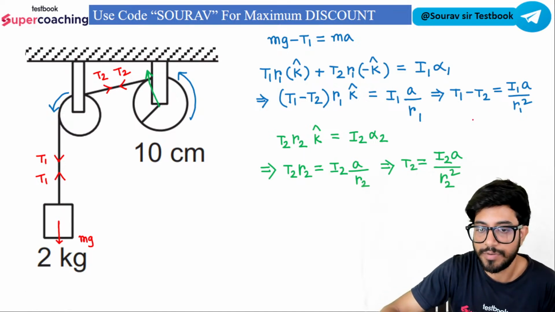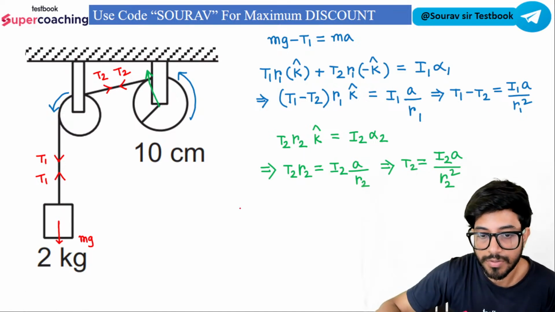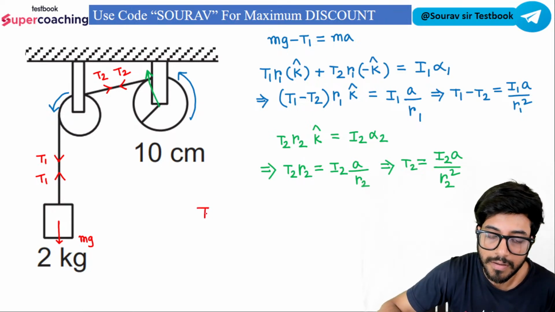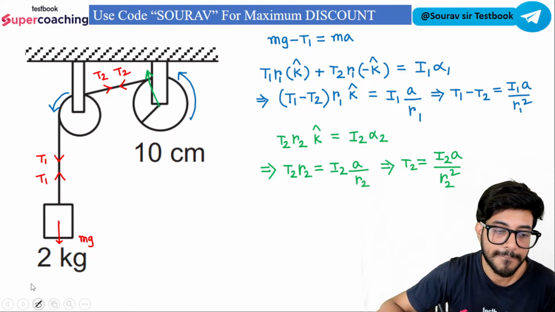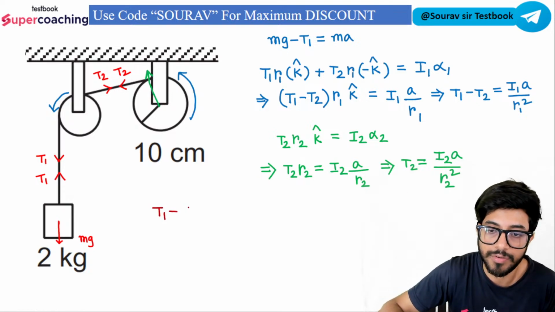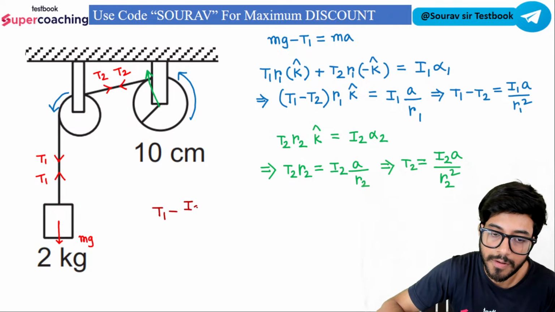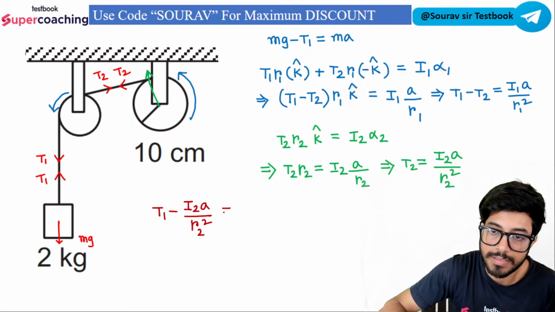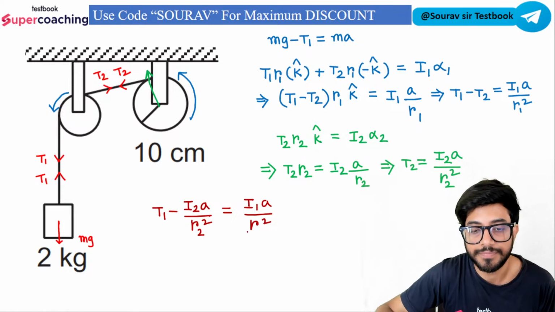So in this equation put T2 as this. So T1 minus T2 is I2 into A by R2 square, which is equal to I1 into A by R1 square. Okay.